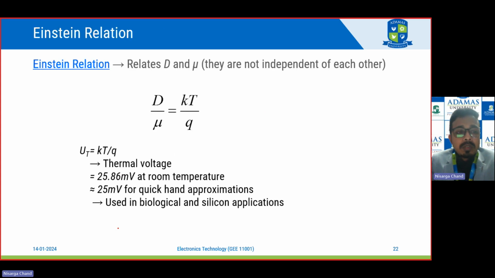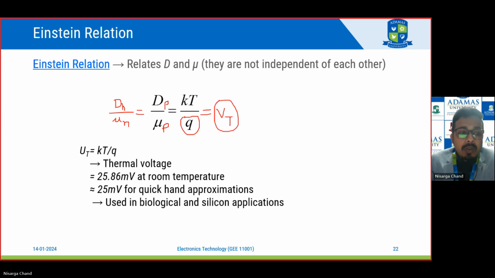Now, what is the Einstein relationship? Dp by mu p is equal to Dn by mu n, which equals kT by q, that means equals Vt. Here k is the Boltzmann constant, T is the temperature, room temperature suppose we consider, and q is the charge. So Vt means the volt equivalent of temperature. At room temperature, the Vt value is almost 0.026 volt, because T equals 300 Kelvin.